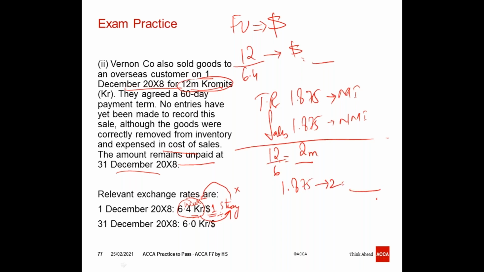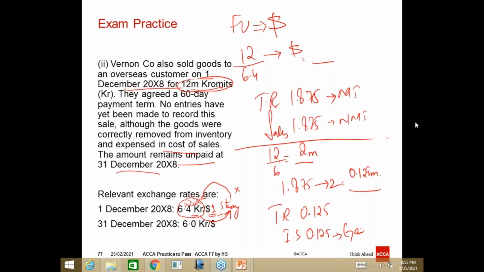So there will be an increase of 0.125 in the receivable. 0.125 million will be the increase in the receivable. So the accounting entry should be receivables debit 0.125 and income statement credit by 0.125. So there will be a gain in the income statement.